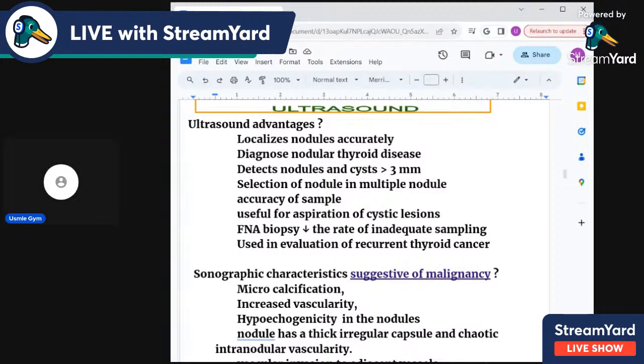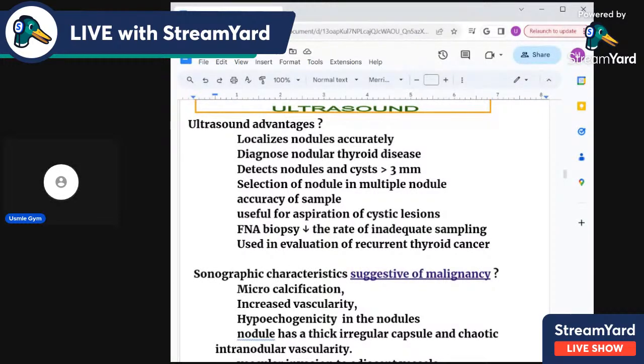You can select the correct nodule for biopsy, and you can aspirate the cystic lesion under ultrasound guidance, and fine needle aspiration biopsy is very helpful.